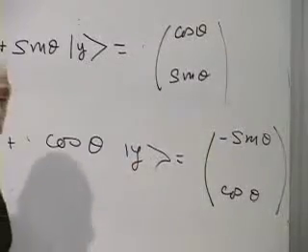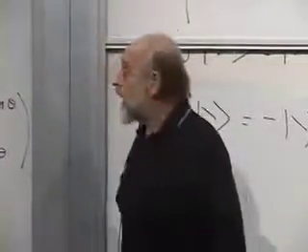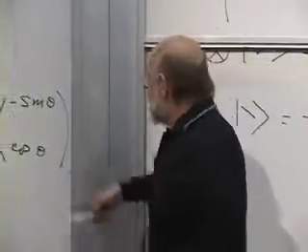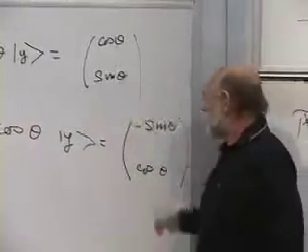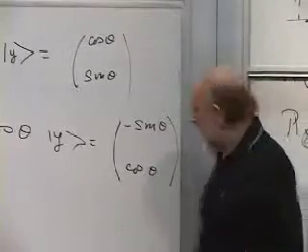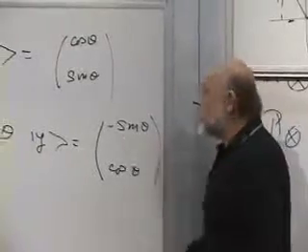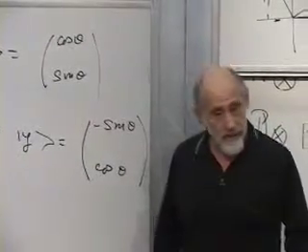Are these orthogonal basis vectors? Well, first of all, are they normalized to unity? In other words, is the length of them equal to unity? Well, that's just cosine squared plus sine squared equals 1, so they're normalized, both of them. Again, no complex numbers in these vectors, so we don't have to worry about complex conjugation.